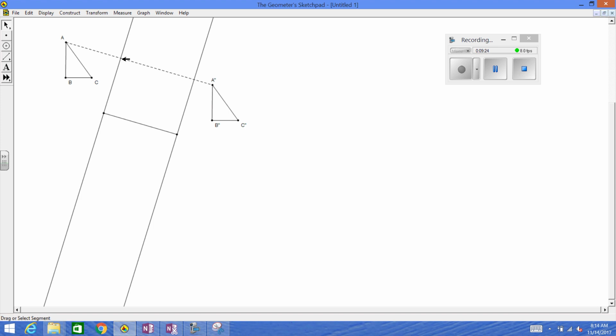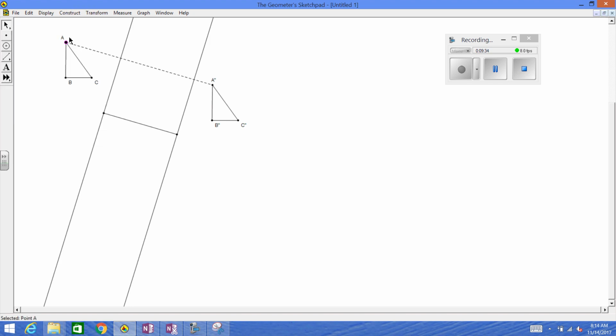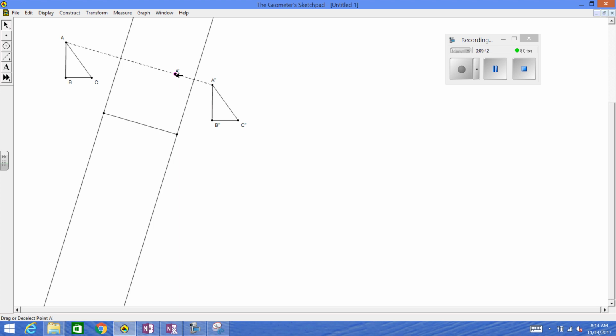Okay. Let's say we just reflected point A. Watch, it should be perpendicular to the first mirror, right? Let's just reflect that. It's going to land right there. So that should be A to A prime, which should be perpendicular to this line.